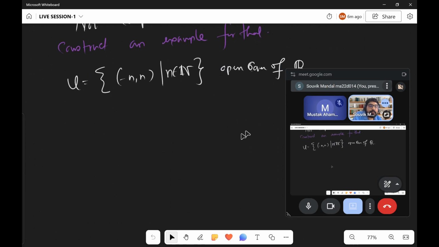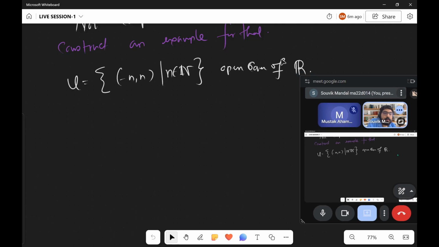Now, how does this look? We have the real line R, and in between we have (-1, 1), and in between the open covers of the form (-2, 2), and so on, correct?